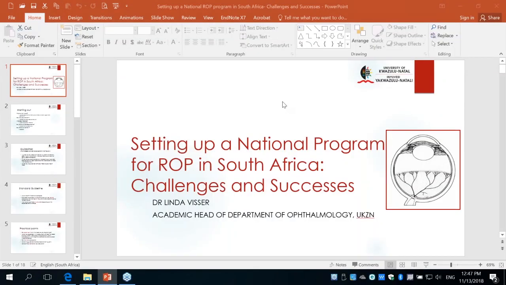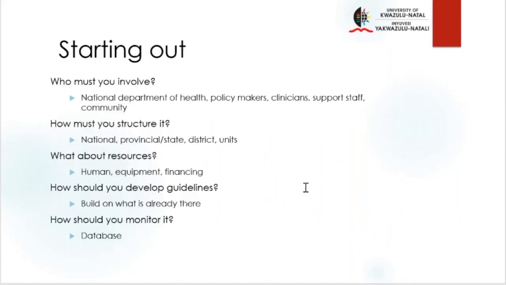I've been asked to say something about setting up a national program for RoP and the challenges and successes that we had in this process. So, before you start out working on a program, you have to decide who you are going to involve. Is it going to be the National Department of Health policymakers or clinicians or the community? How do you want to structure your program? Is it going to be just in the unit or the district or nationally?